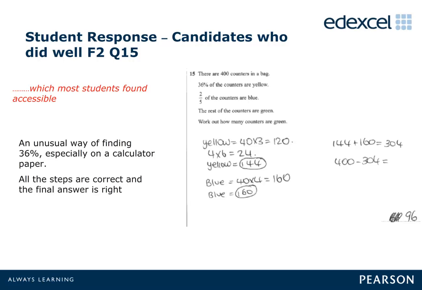Paper F2, question 15. From the Principal Examiner's report, which most students found accessible. Although this is an unusual method, all the steps are correct and the final answer is right.